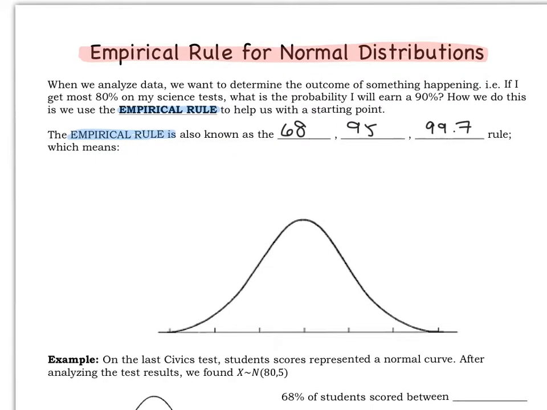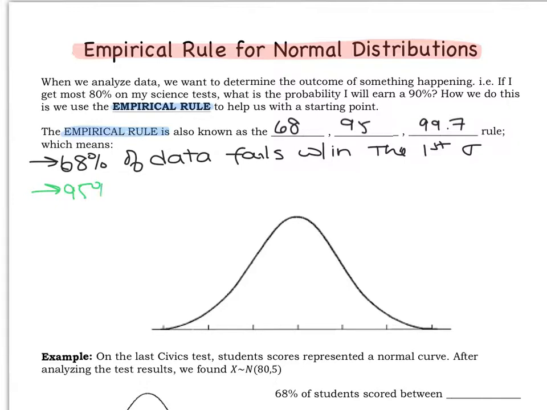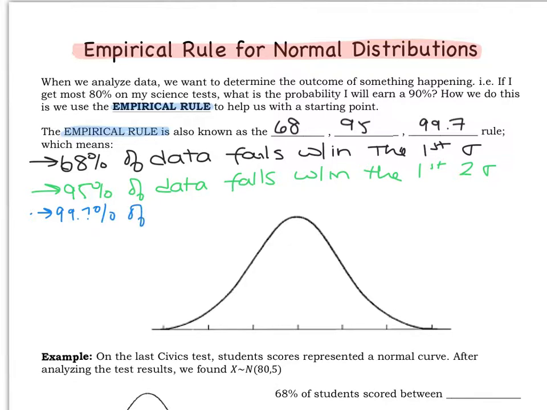What that means is, it says 68% of data falls within the first standard deviation, 95% of data falls within the first two standard deviations, and 99.7% of data falls within the first three standard deviations.